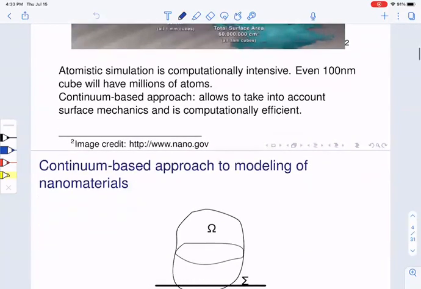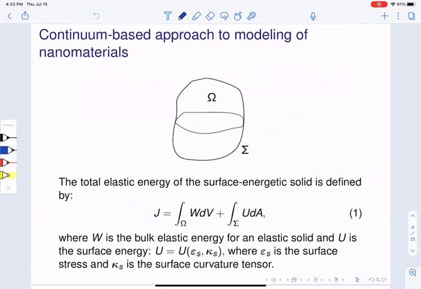The main idea behind this approach is that we have a solid omega with some kind of surface sigma, and when we use energy to model this object, we have an elastic energy functional which has two parts. One is the standard bulk energy; in this case I talk about linear elasticity, so we have the linear elastic energy here.